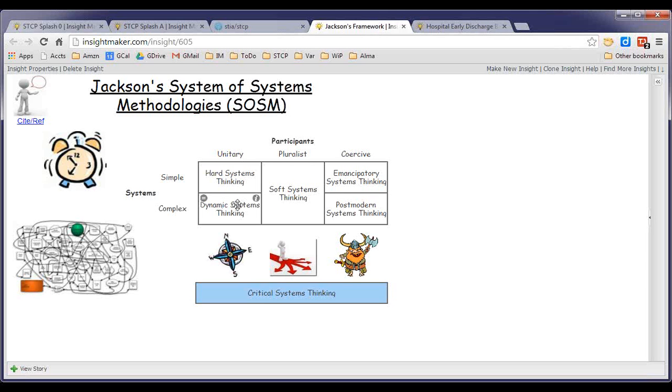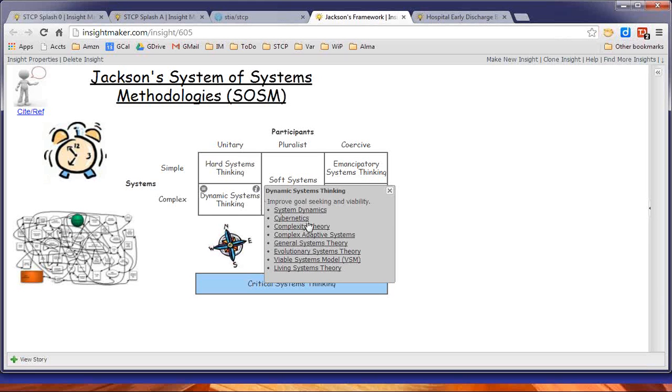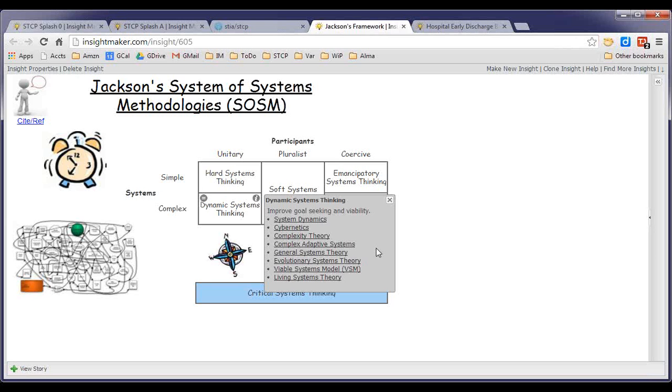So that in this particular instance, with a complex unitary environment, you can use these kind of approaches to deal with the situation, because what you're probably trying to do is to improve goal seeking and viability.